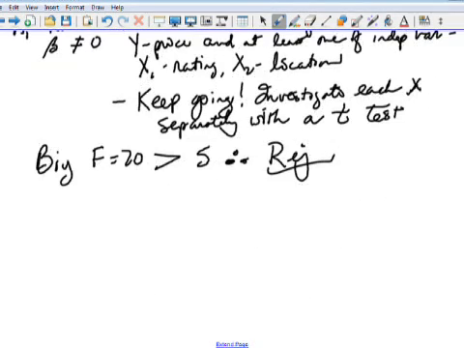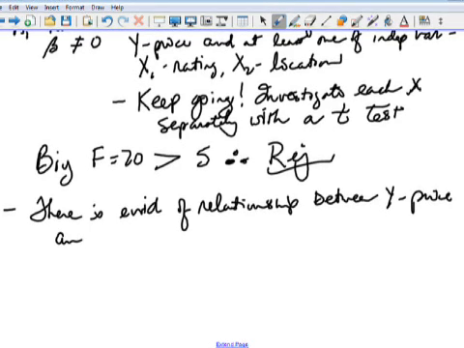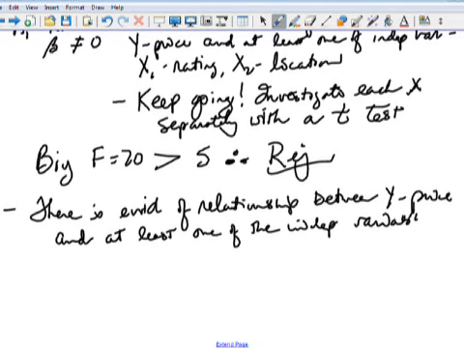But let's write out a thorough managerial conclusion. There is evidence of a relationship between Y price and at least one of the independent variables, X1 rating, X2 location.